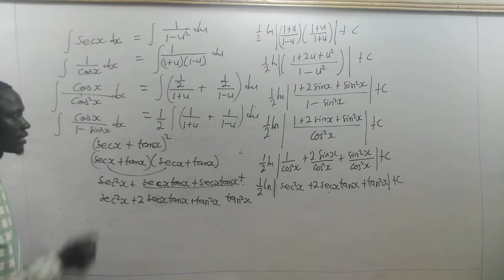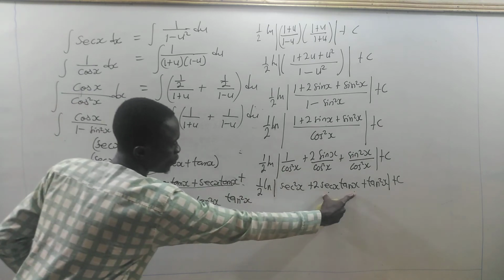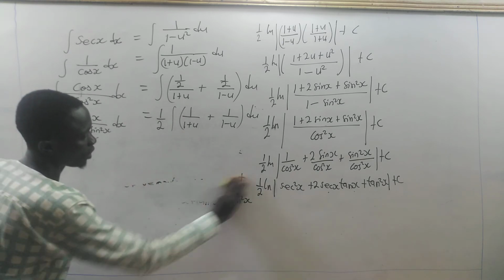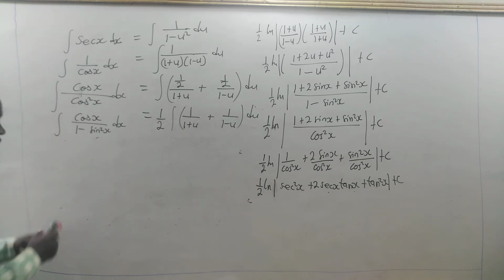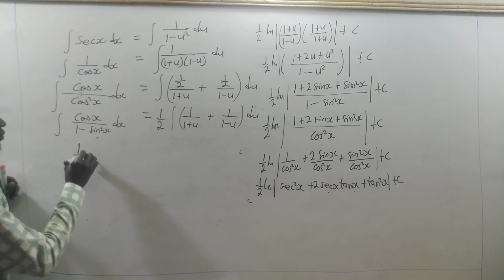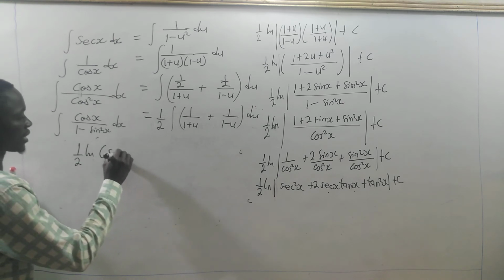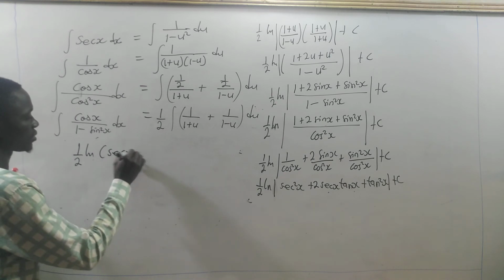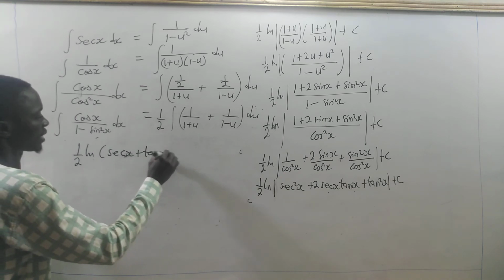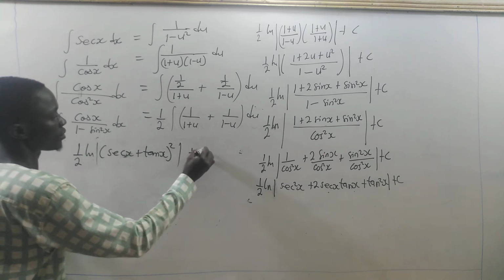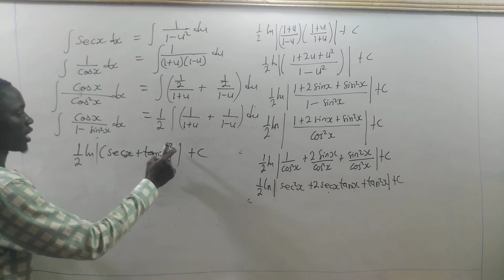So I'm going to write this in place of what is in the absolute value sign. So we are going to have half of the natural log of secant x plus tangent x squared. Let me bring the absolute value sign plus c. So here what will happen?